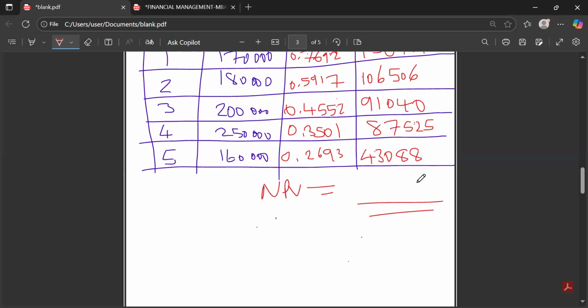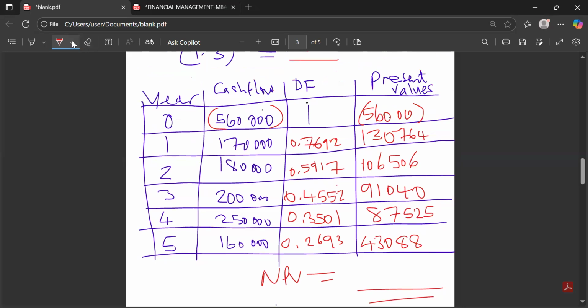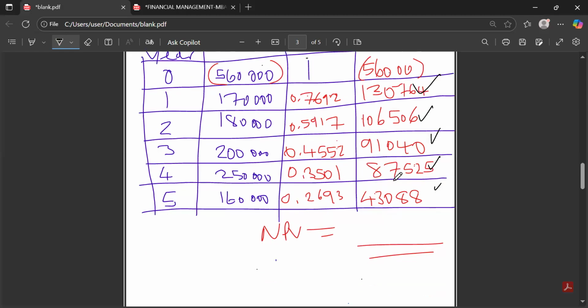So add for me here to get the NPV. Quickly add and subtract so that we get the NPV. What are we getting as NPV? Just a moment, I'm adding.